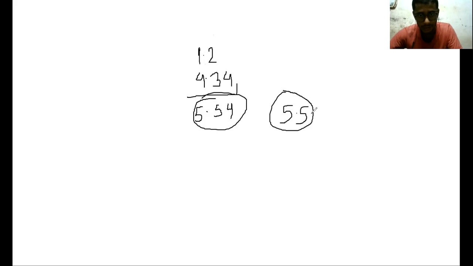That is the right answer, during addition or subtraction. But when we multiply, for example 1.2 times 4.34, we take account of significant figures, which is mentioned here. Let me share my screen again.